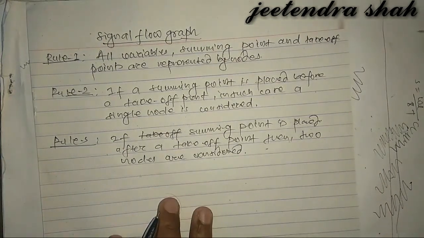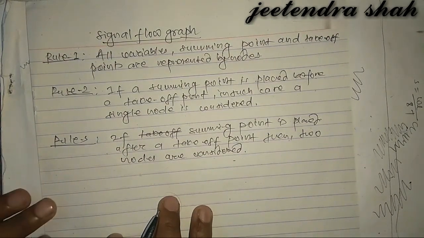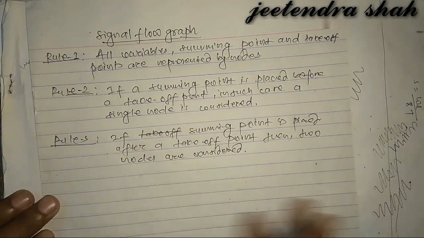So these are the three rules for construction of signal flow graphs from the block diagram reduction techniques.